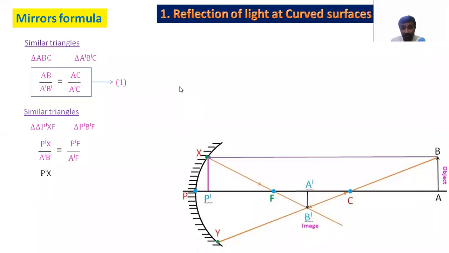But here, what is P dash X equal to? From the entire diagram, can anybody say, is it equal to any other parameter? If it is equal, why? How did you choose it? Answer me. So what is actually P dash X?